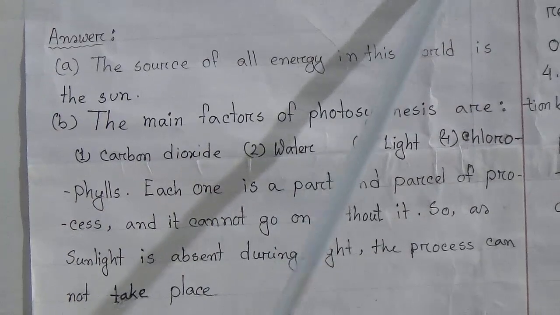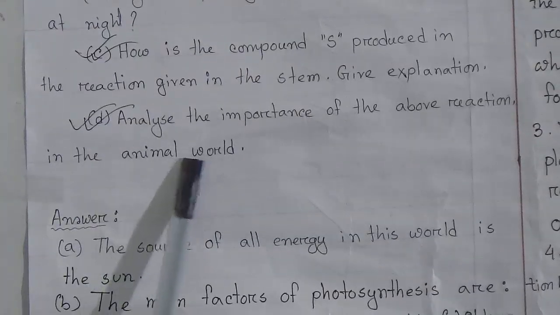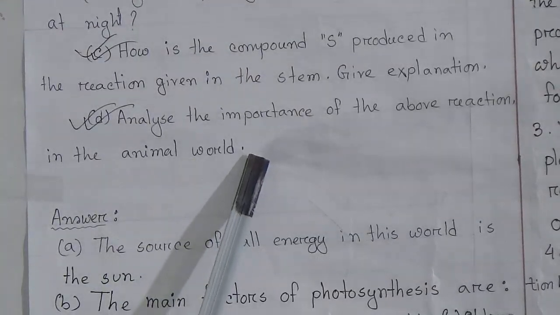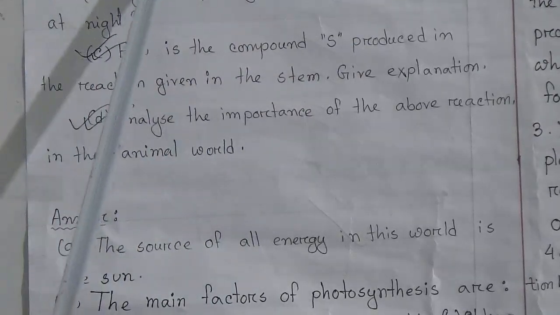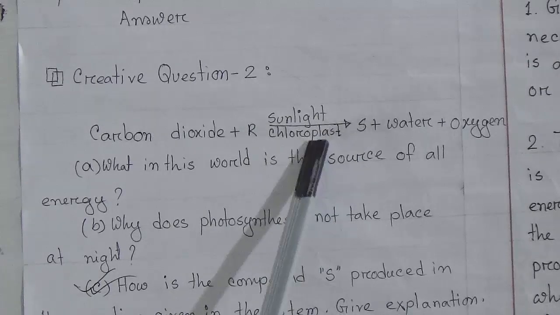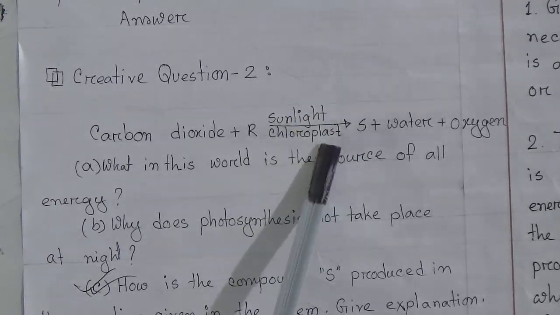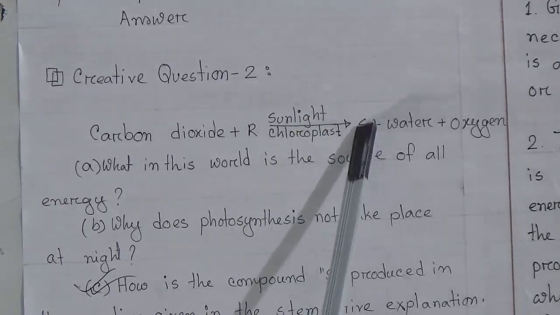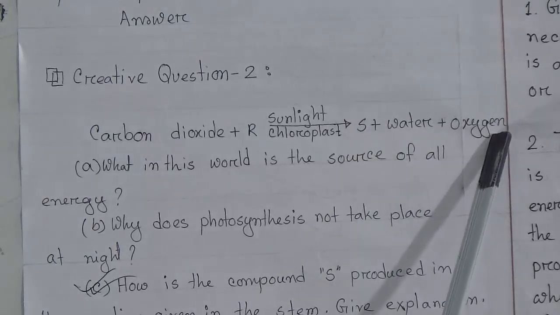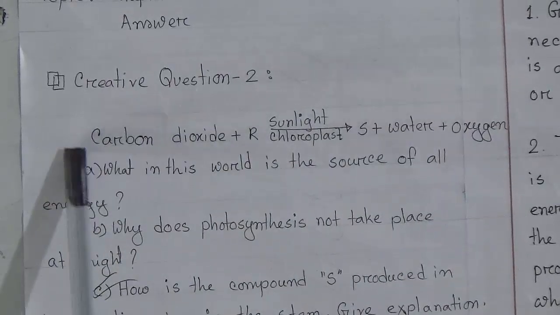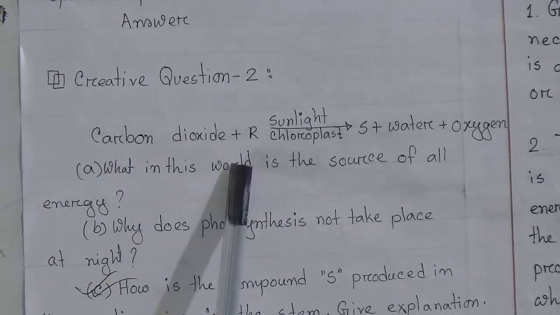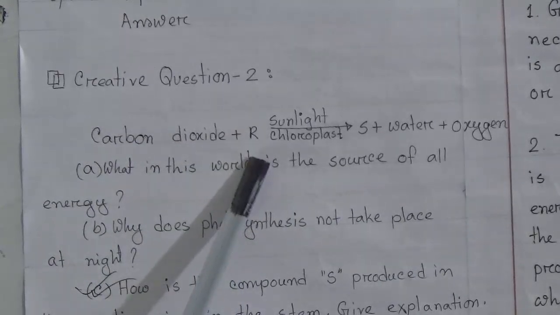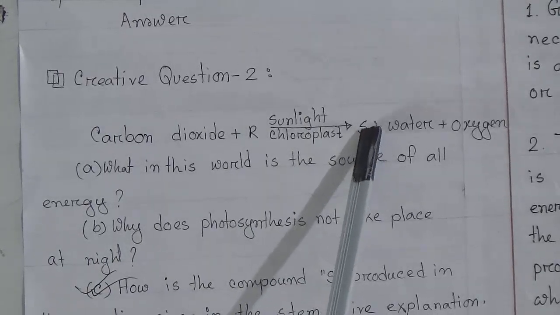Analyze the importance of the above reaction in the animal world. Dear students, in the stem there is written the reaction: carbon dioxide plus R, in presence of sunlight and chloroplast, the product is S plus water plus oxygen. In the answer of C we have discussed already that the reaction is the photosynthesis process, and that R is water and S is glucose.